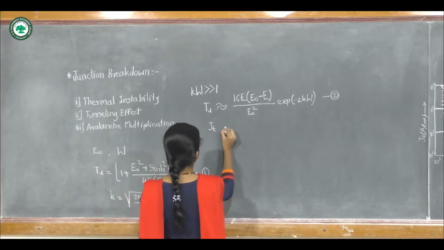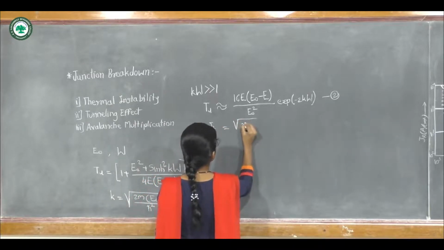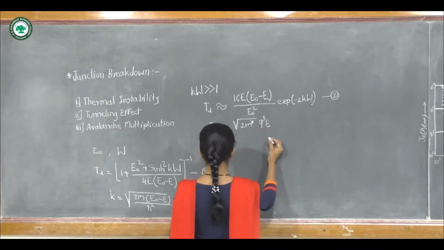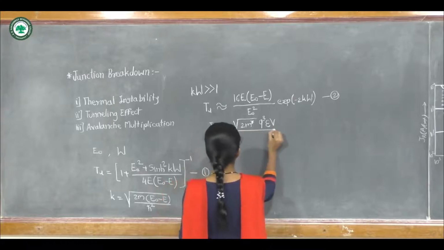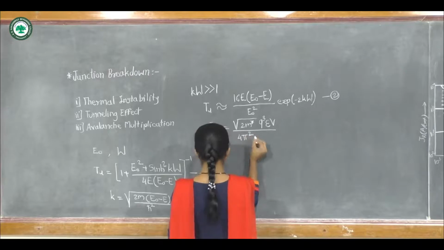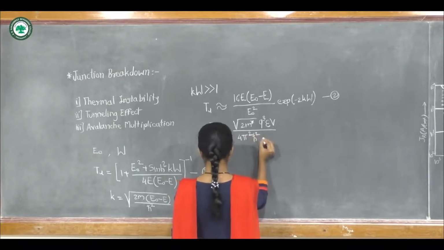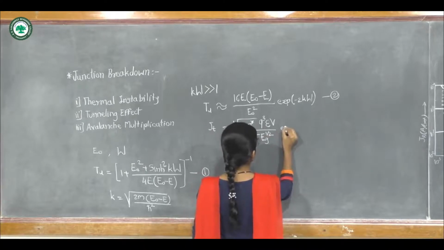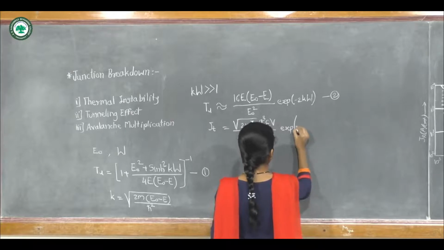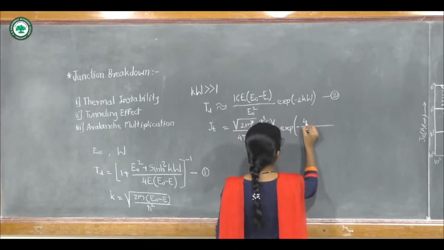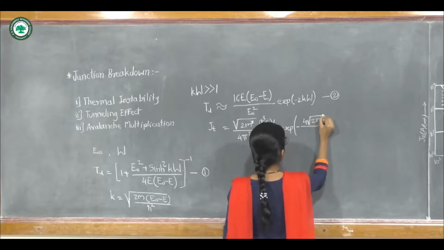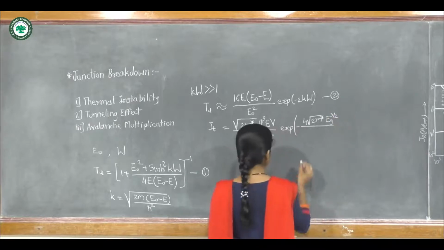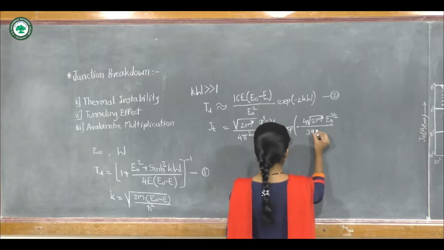JT is equal to square root of 2m star into q cube into epsilon into V upon 4 pi square into h cross square into Eg raised to 1/2, into exponential of minus 4 into square root of 2m star into Eg raised to 3/2 upon 3q epsilon h cross.